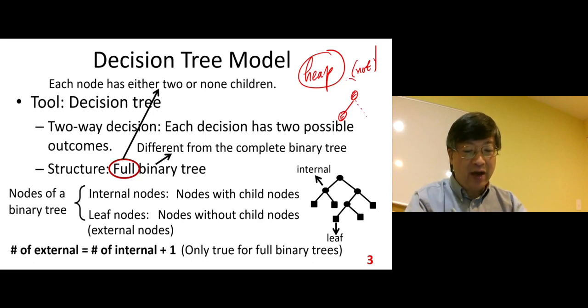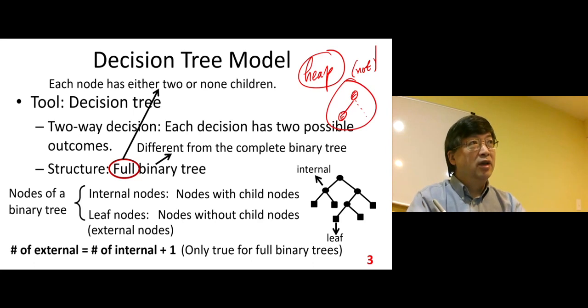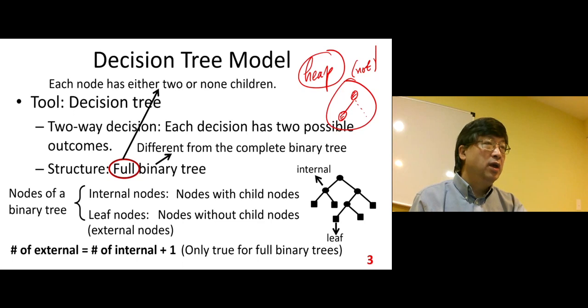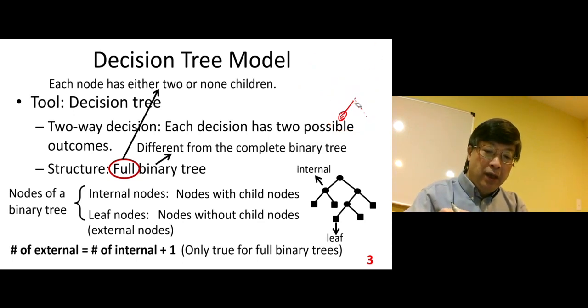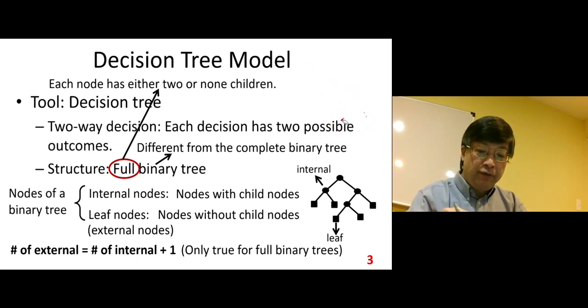We're allowed to have that. So a heap is not a full binary tree in general. In a special case it could be, but in the general case it is not necessarily a full binary tree. All right, that's the basic concept understanding.